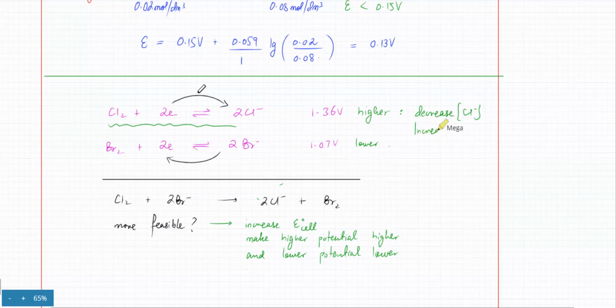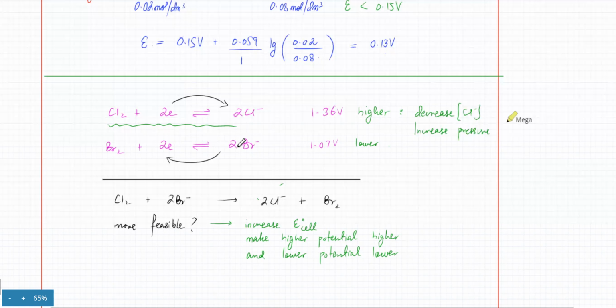Then the side with fewer gas moles would be favored, which in this case is the forward side. So if the reaction goes in the forward direction, the higher potential will become even higher.